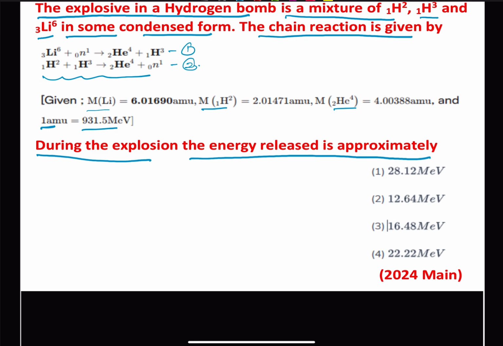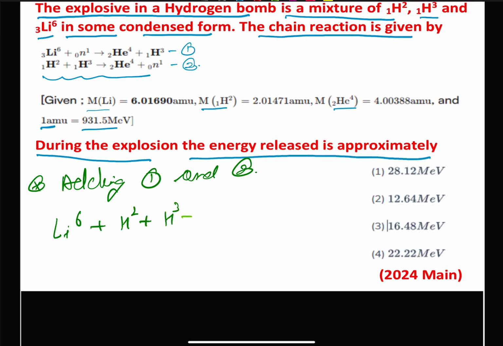Now if we add equations 1 and 2, this gives us lithium-6 plus hydrogen-2 plus hydrogen-3 plus neutron-1 on the left, and on the right side we are going to get helium-4 plus hydrogen-3 plus helium-4 plus neutron-1.